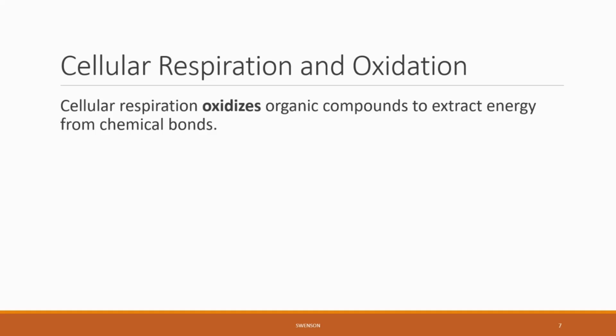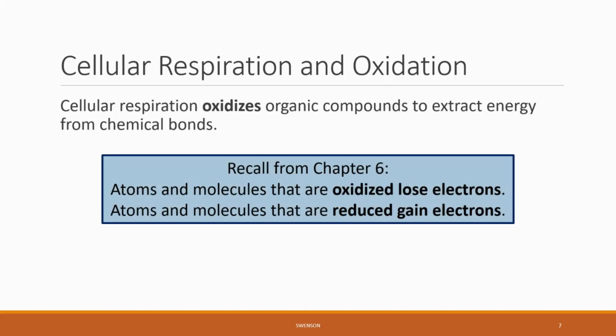We are going to be covering the steps of cellular respiration, and you will notice a theme throughout, and that is oxidation of organic compounds in order to extract the energy from their chemical bonds. Recall that atoms or molecules that are oxidized lose electrons, and those that are reduced gain electrons.